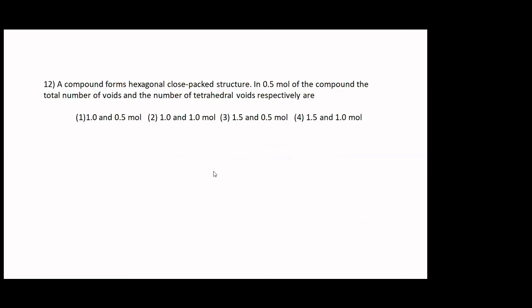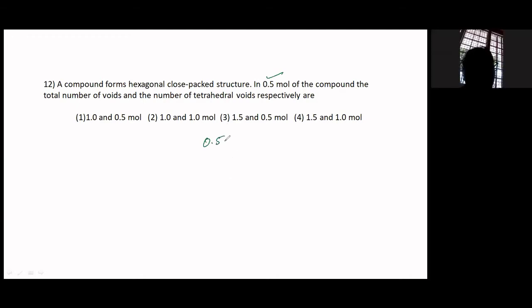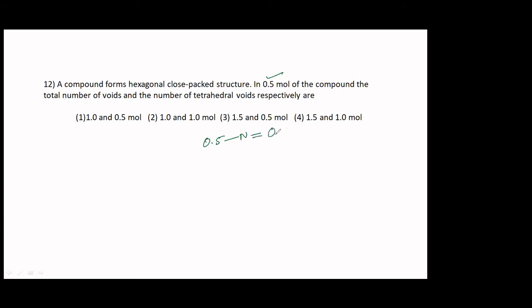Moles, when it is given, is also something related to number, isn't it? You can take this as number itself. So 0.5 mole of the compound means 0.5 moles of the molecules you have. If this is N, then this N is also the number of octahedral holes. 2N should be the number of tetrahedral holes.